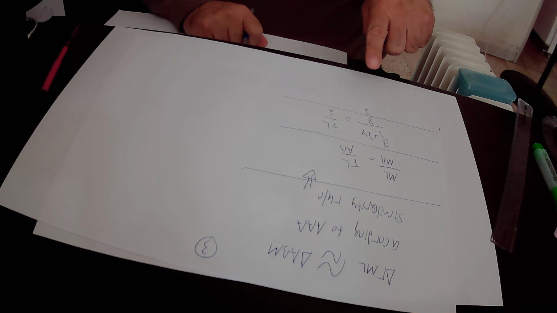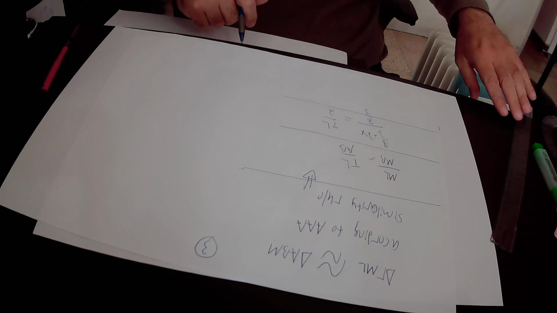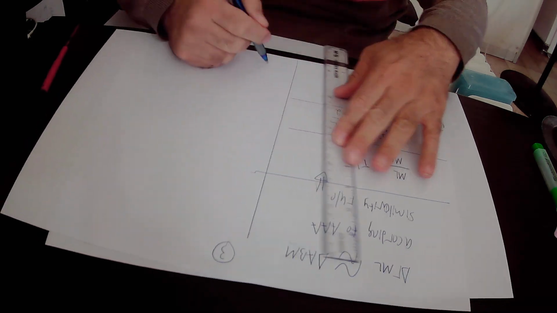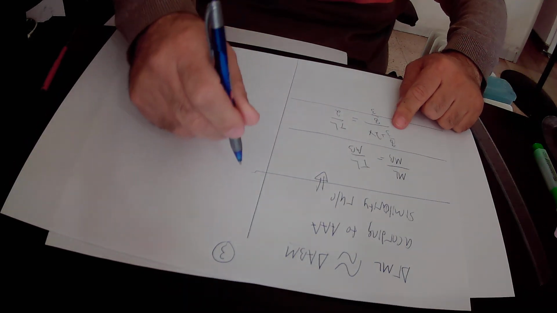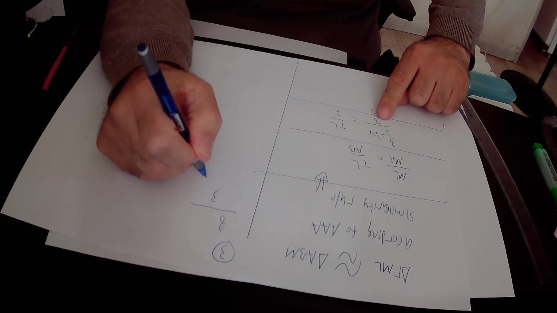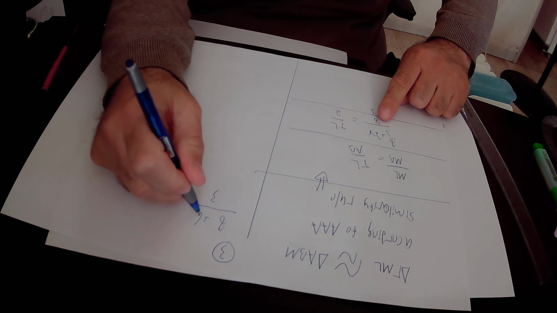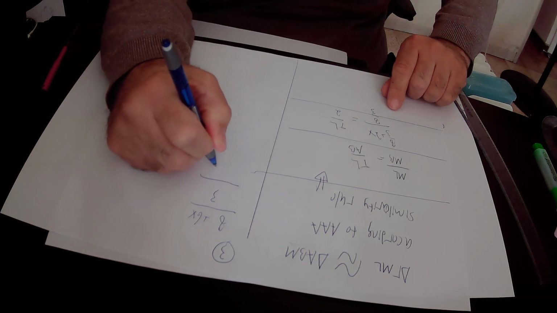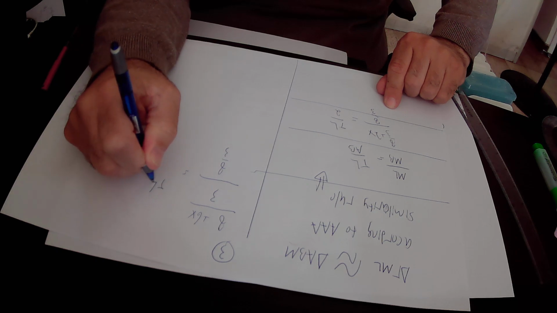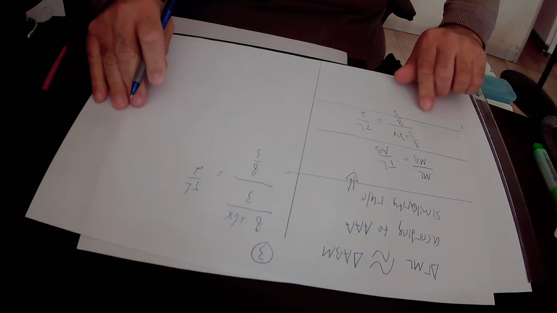Here we'll multiply 2x by 3, and then we'll divide it by 3 in order to have a common factor of 8 over 3. And finally we get that 8 over 3 plus 2x times 3, which is 6x, over 3, divided by 8 over 3, equals TL over 2.